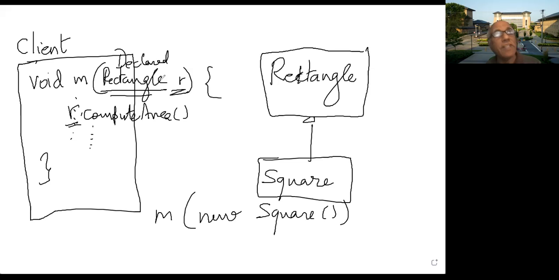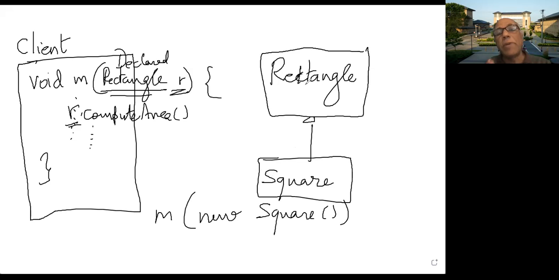If that is possible, if there exists a rectangle object that makes this method behave like what it did with a square, then this is okay. I mean, it is behaving like a rectangle because there is some rectangle for which it is going to produce similar behavior. So in that sense, the client doesn't notice any difference between a rectangle and a square. So everything depends on the kinds of methods you have in square and rectangle and how the code is, what the specifications are.